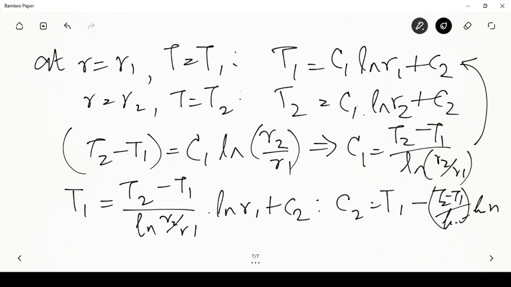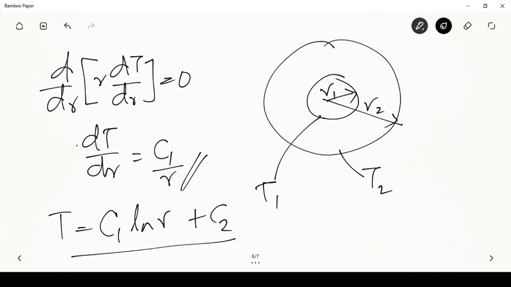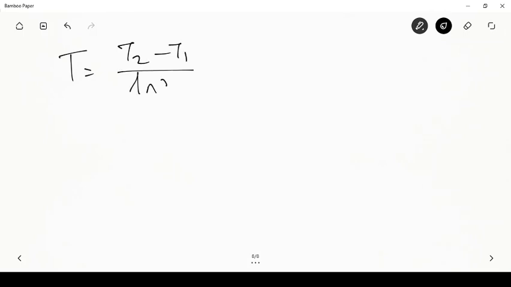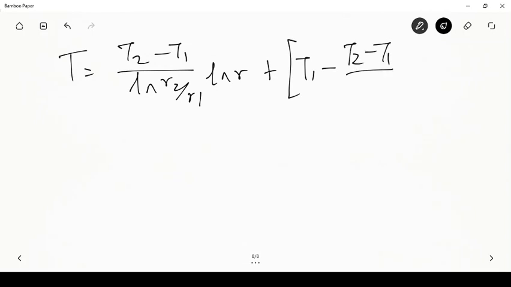So substitute both C1 and C2 into the original solution equation, and you get the temperature profile. So it gives you T is equal to T2 minus T1 by log of R2 by R1 into log R plus T1 minus T2 minus T1 by log R2 by R1 into log R1.